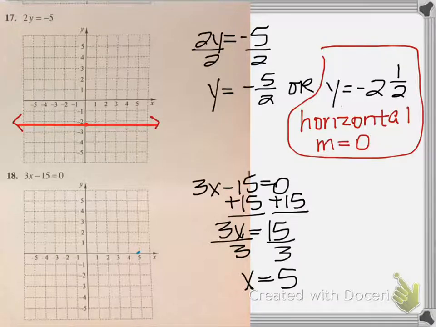So now, when I go to graph, again, remember, if it's a single variable, it's either horizontal or vertical. This has to cross the x-axis at 5, which means I have to have a vertical line.